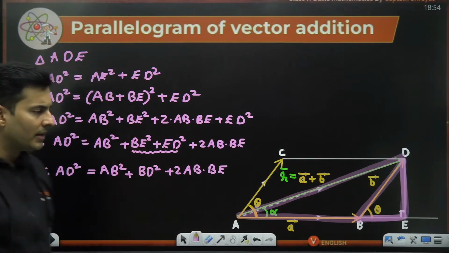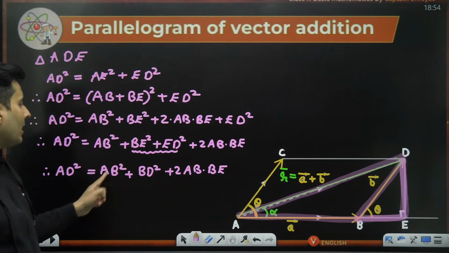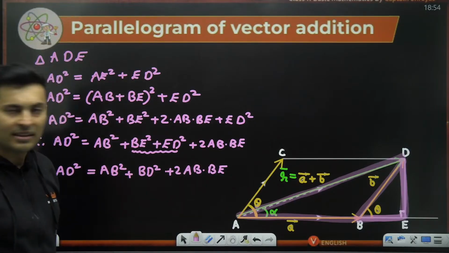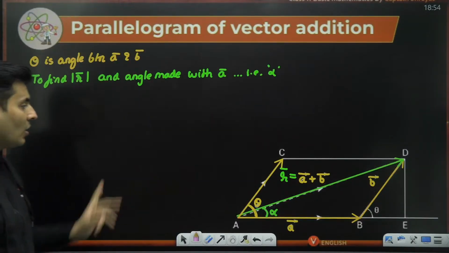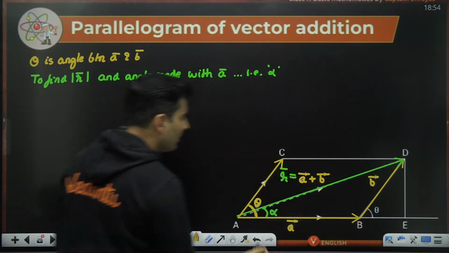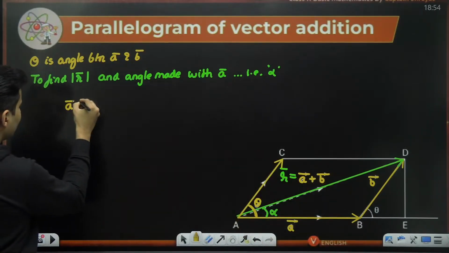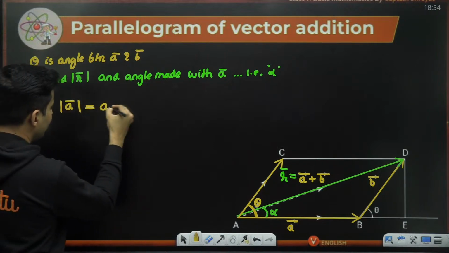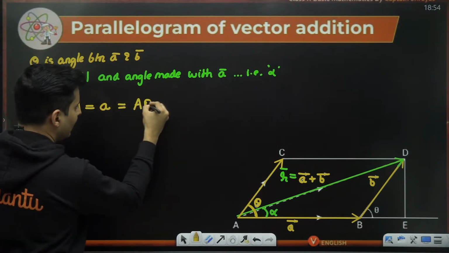Okay, perfecto, sir. But what now, sir? I think I know what AD, AB, BD, AB and BE is. How, sir? How do you know that? Observe carefully now over here. What is AB? Technically, vector A's magnitude, which can be also called as A, is nothing but the length AB.